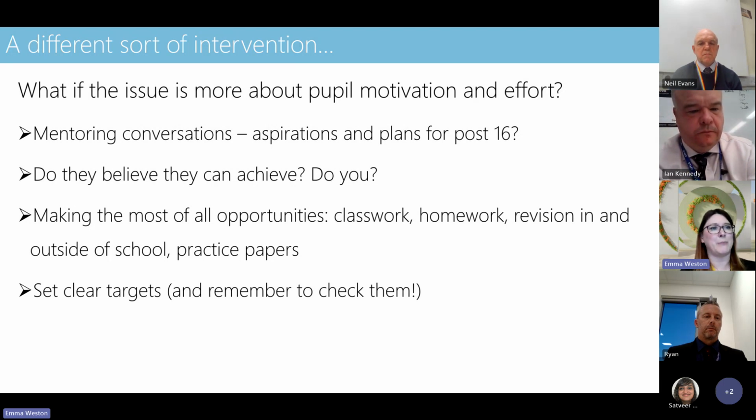And if parents know clear targets of what we want them to do in terms of what they should be doing in class, or what they should be doing for homework, or what they should be doing for their own personal revision, and then we make sure to check that that's done and maybe report back to parents if we've had that conversation.